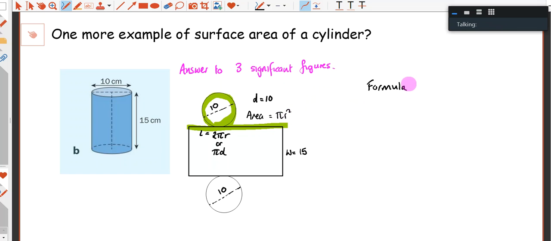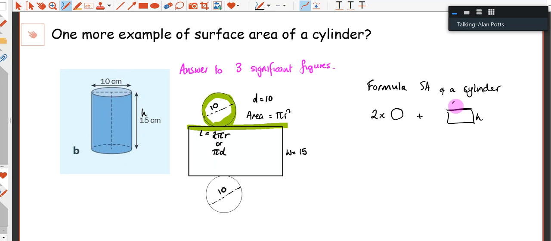So the formula for the surface area of a cylinder is we have 2 lots of a circle, plus a rectangle which has this, we would call the height of the cylinder, and this would be the circumference of the circle.